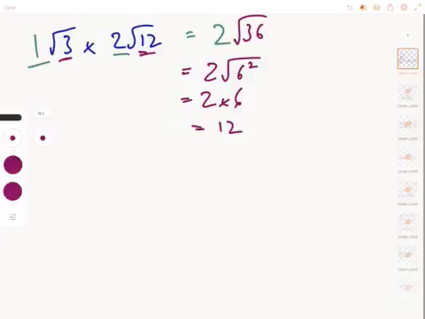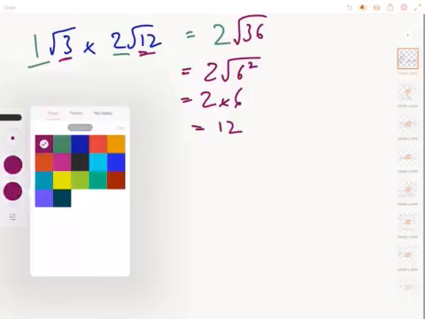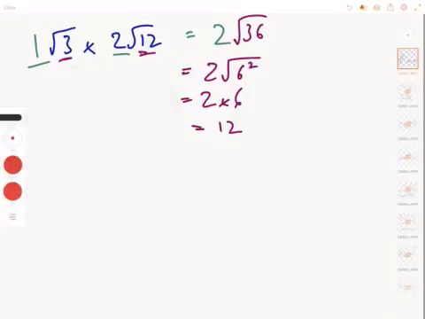You can do it with 3 surds as well. If we have 3 surds, so if we have minus root 3 by 2 root 6 by, let's go 3 root 5, for example.